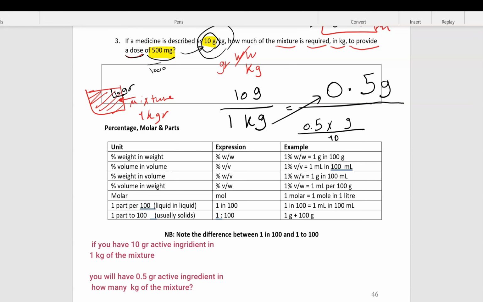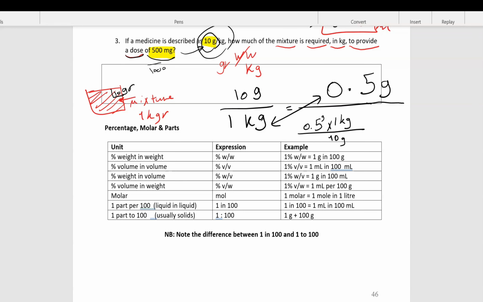So these two are divided by 10, and they can just cancel each other. And then how many kilograms? We have 0.05 kilogram.